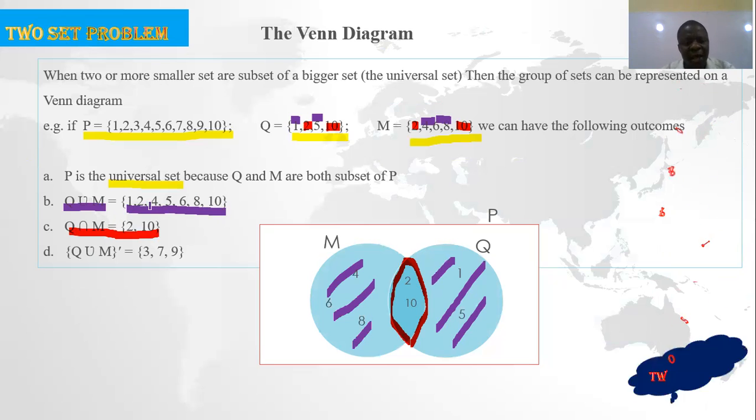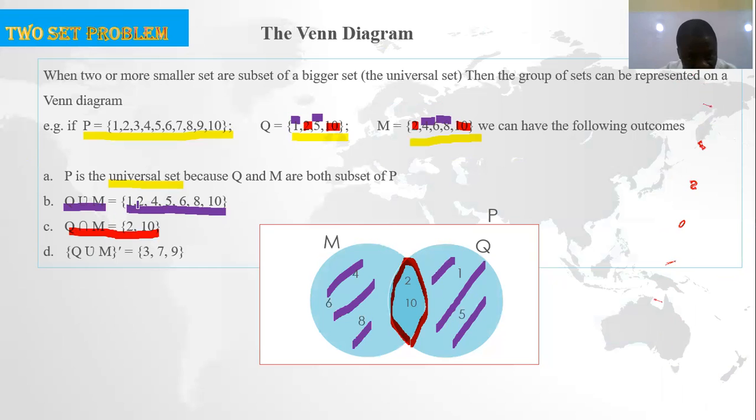When we compare the union of Q and M to the universal set P, you agree with me that there are members in P, which is the universal set, that do not appear as part of this union. We call that complement.